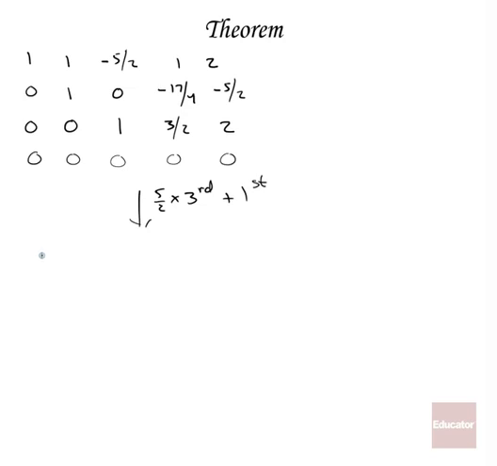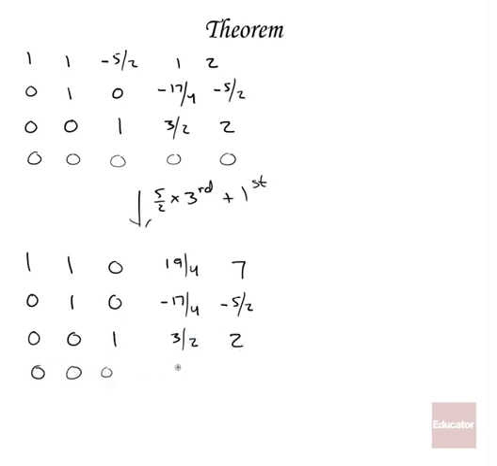That will give me 1, 1, 0, 19 fourths, 7; 0, 1, 0, minus 17 fourths, minus 5 halves; 0, 0, 1, 3 halves, 2, and of course the final zeros. Now, let's see what we've got.